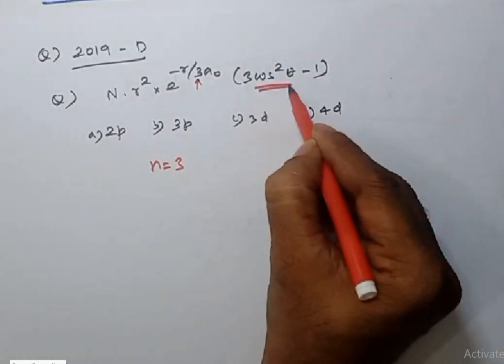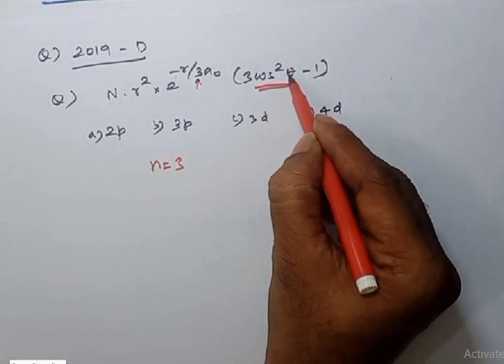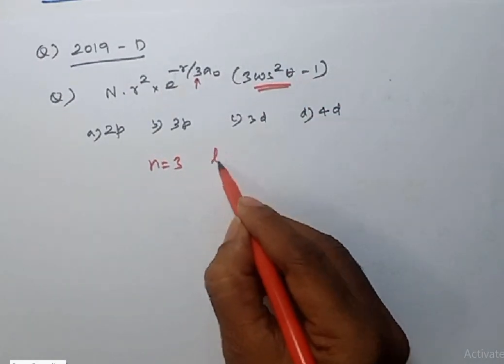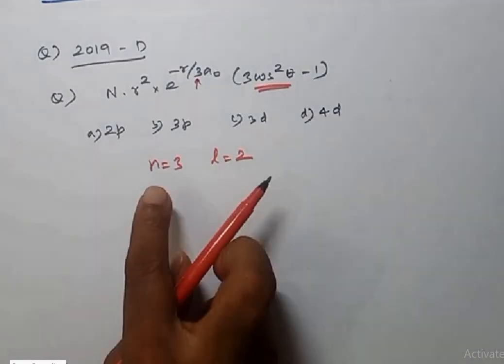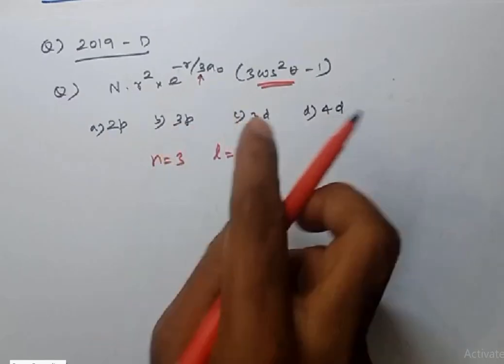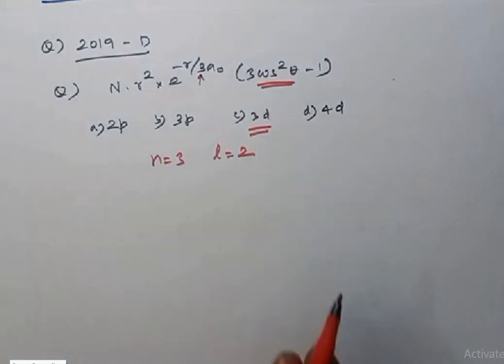And take the cos square theta term. Theta power 2 is there, so that corresponds to L equal to 2. So the answer is 3d orbital, option C. Very simple question.